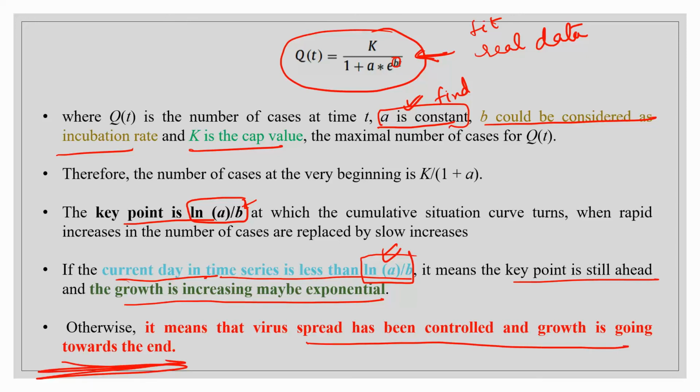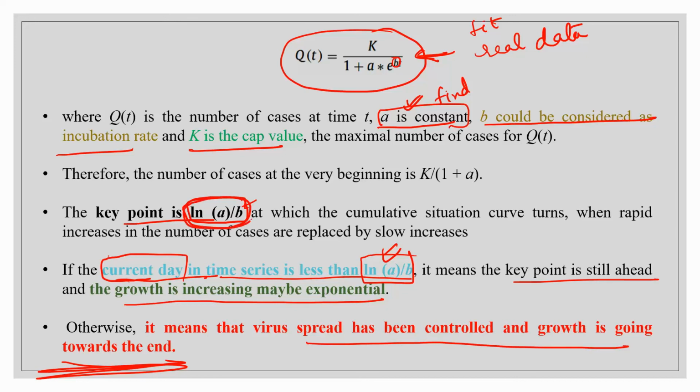So this was a very interesting observation. What does the current day mean? It means the number of days from the day the infections started, or from the day we have data, till the current day. We will see how many days there are, and then compare it with this key point.